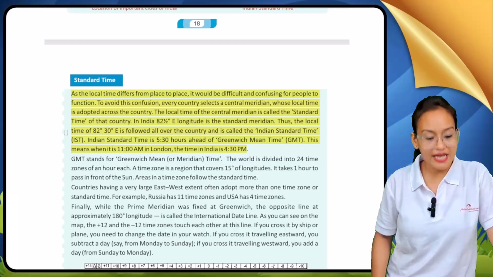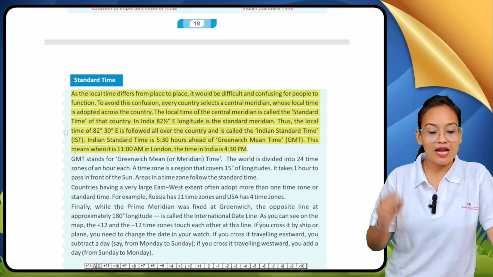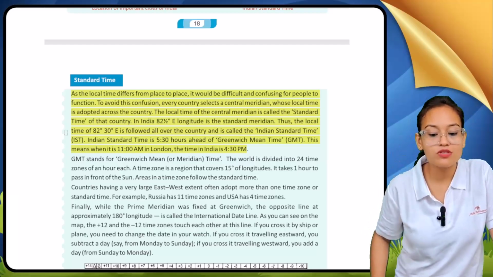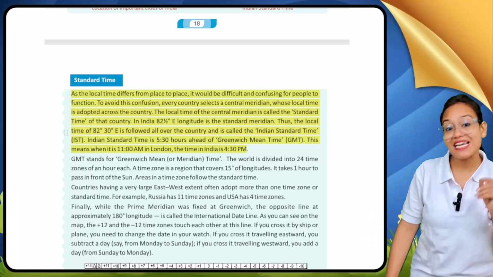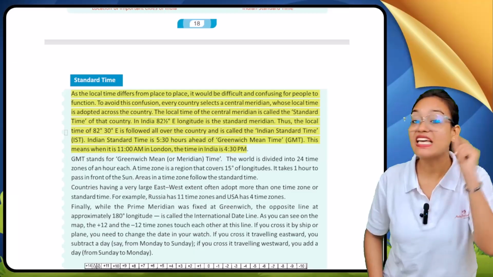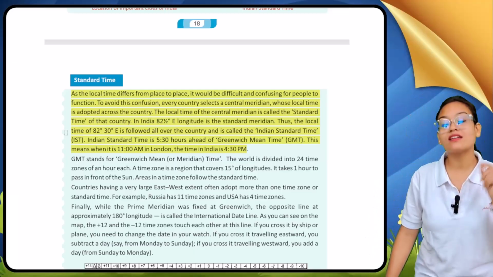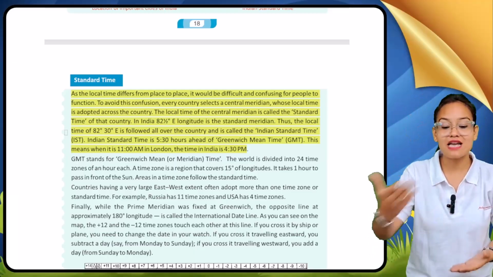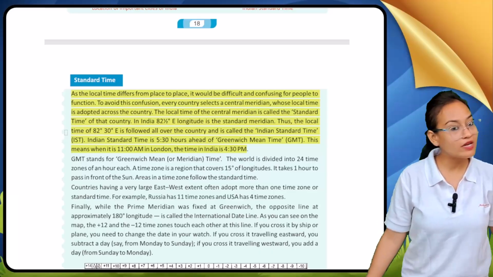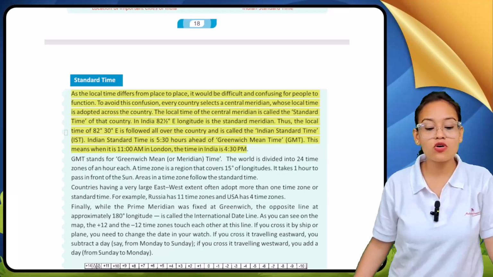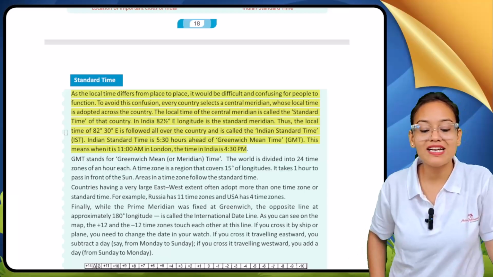In India, 82 and a half degree east longitude is the standard meridian. So for India, 82 and a half degree east is taken as the standard meridian. Thus the local time of 82 degree 30 minutes east is followed all over the country and it is called the Indian Standard Time.